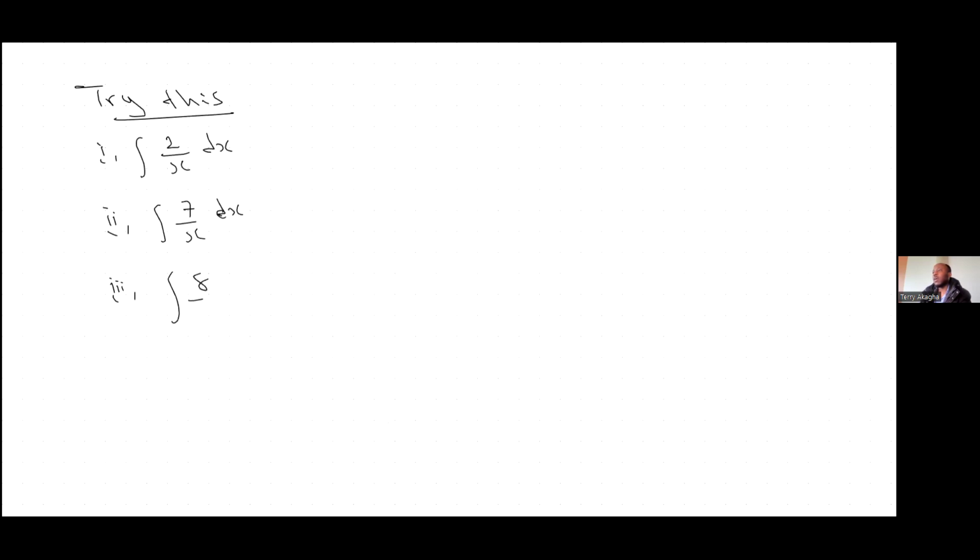Number 4, we're integrating 10 over 7x. Number 5, we're integrating 2 over 5x. And number 6, we're integrating 8 over x, with respect to dx, okay?